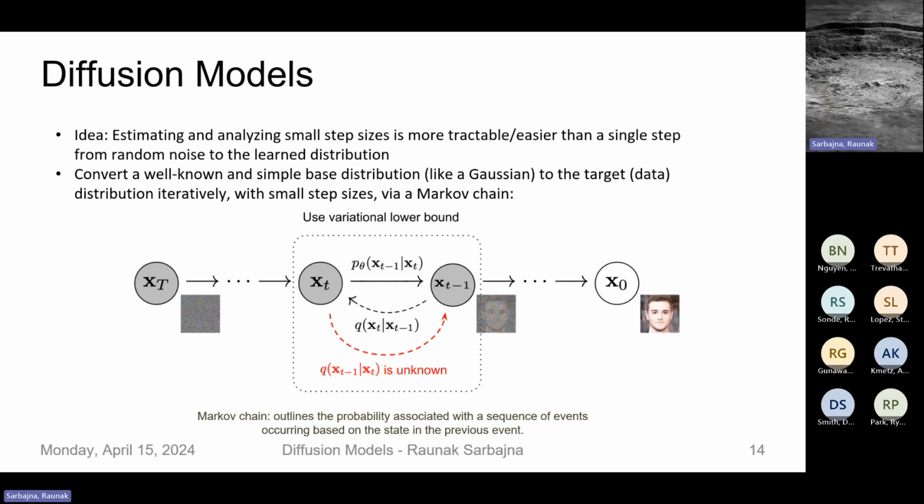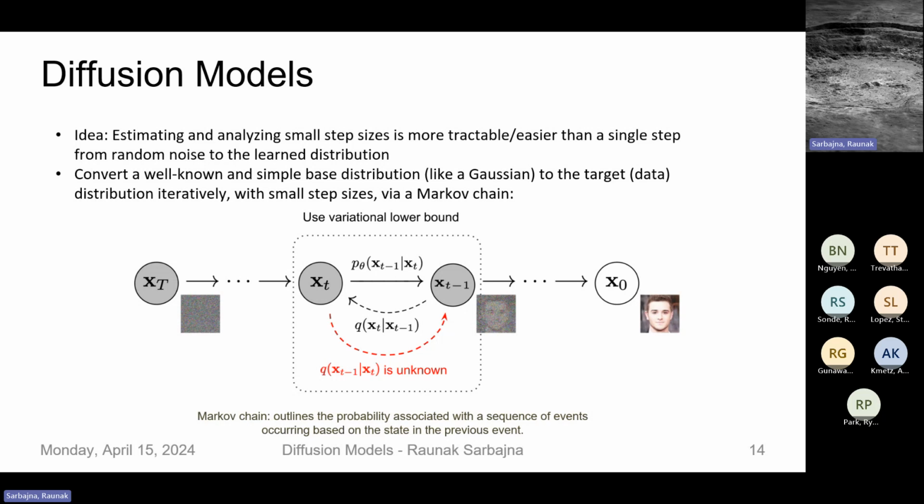How does it do that? It tries to estimate a reversal function, Q, where xt is the currently generated image and xt minus 1 is the image generated one step before. So Q of xt minus 1 given xt is what we are trying to recreate.